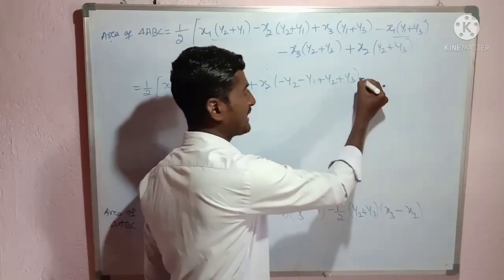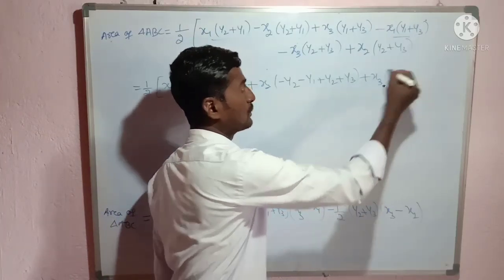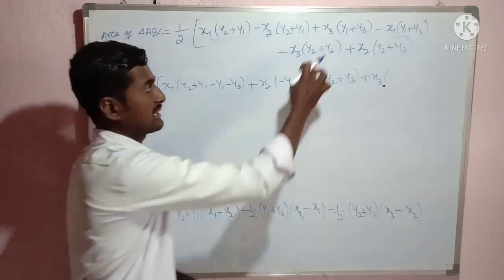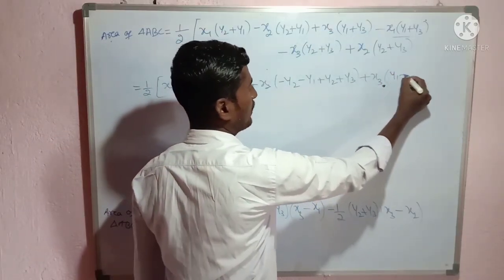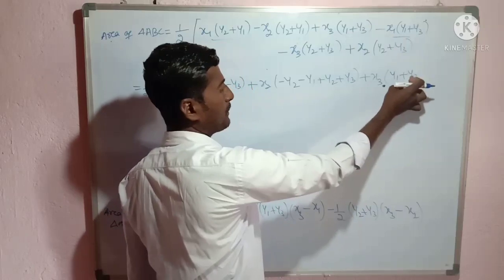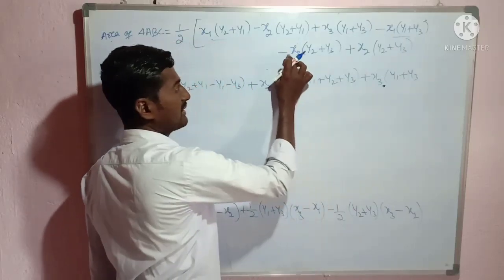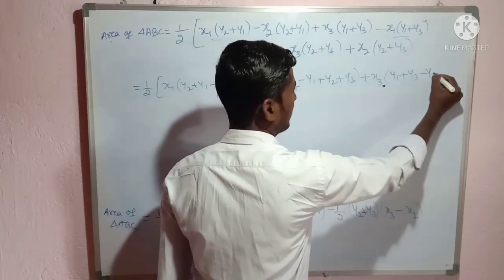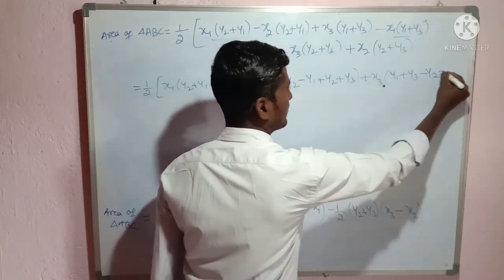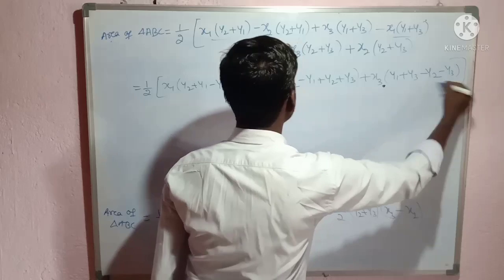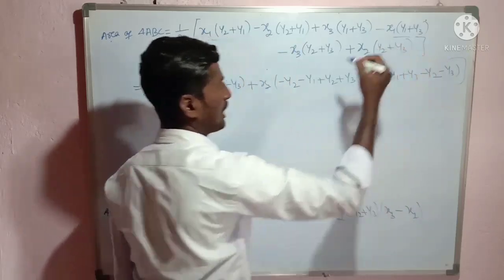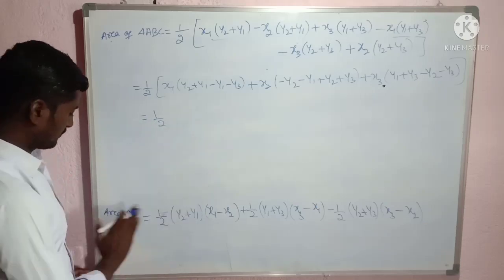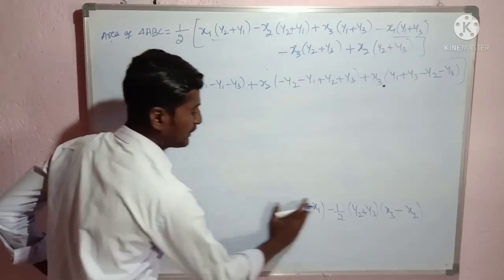Then I will come for x3. So x3 into. Now x3 here is and one more is here. x3 taken outside inside of y1 plus y3. And here x3 taken outside, minus is there. Minus into plus it is minus y2 minus y3. Okay. So this is square bracket. Now that is equals to 1 by 2 into.